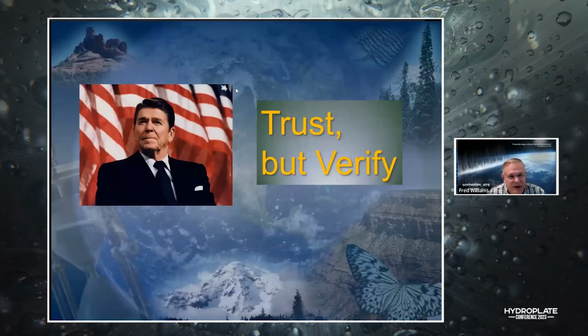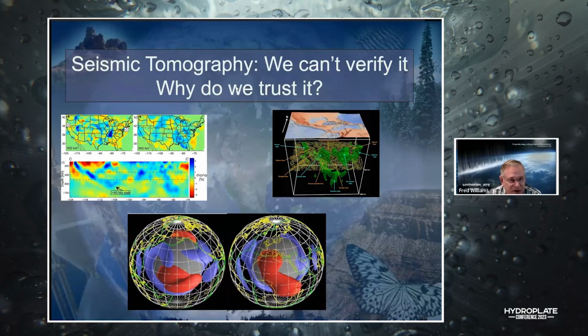Many of you probably remember, if you're old enough, Ronald Reagan saying the famous phrase "trust, but verify" when talking about the Soviet Union. With seismic tomography, we can't verify that these things are accurate. Why do we trust it? I think too often these things get oversold.